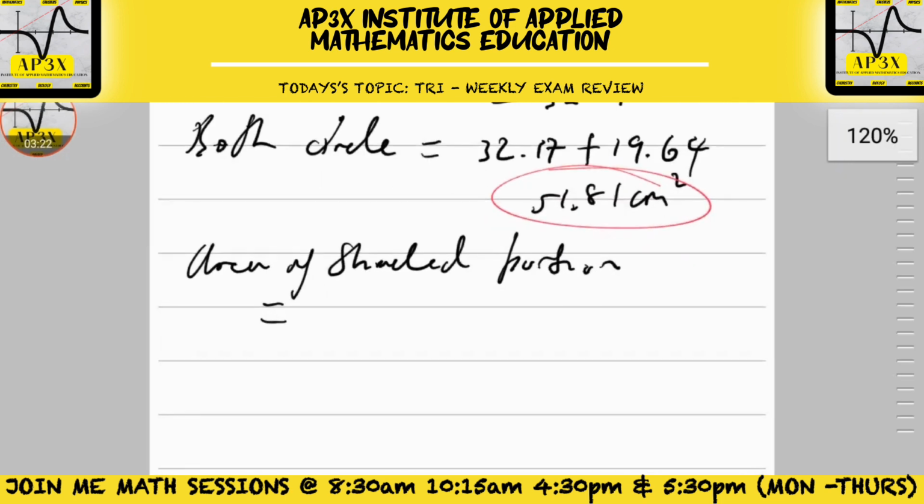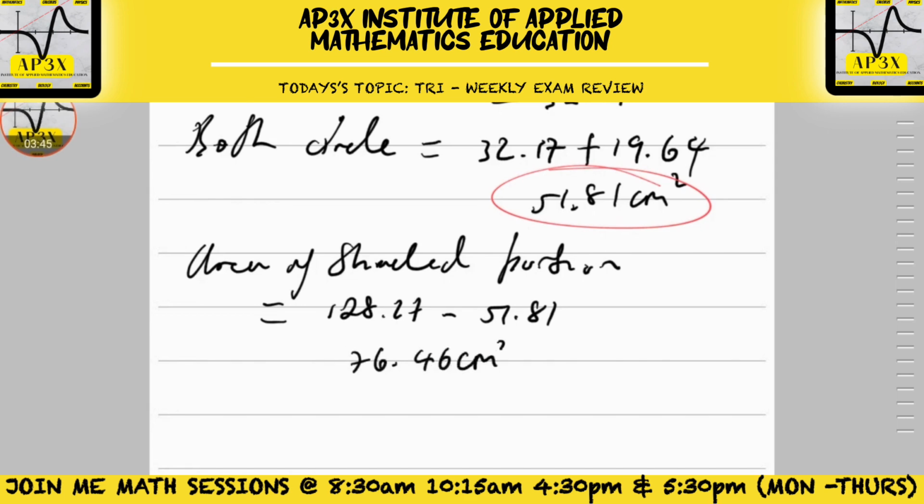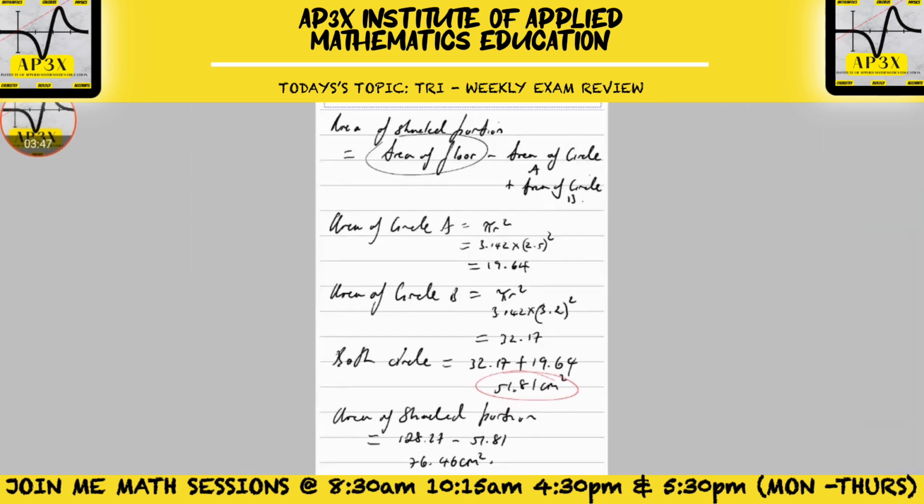So that's 128.27 minus 51.81. 128.27, take away 51.81, and we get a final area of the shaded portion equal to 76.46 square centimeters.